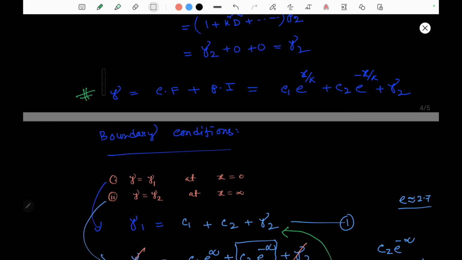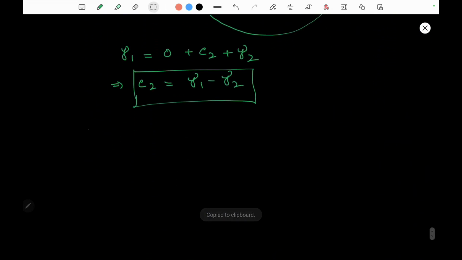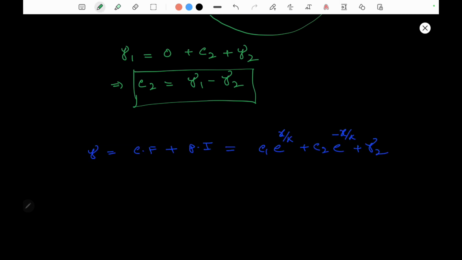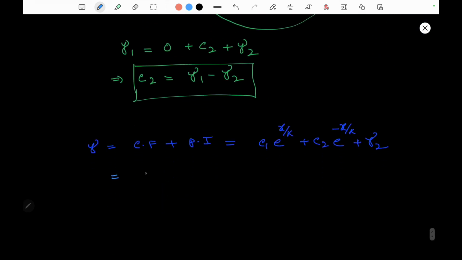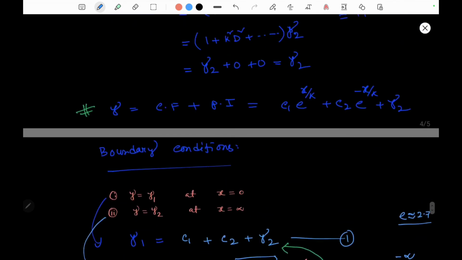No, it will not be the correct one, so let's copy the whole thing here and paste it. Now the solution will be here. c1 we got as 0, so the first term will be 0, and c2 is y1 minus y2, so it is y1 minus y2 into e to the power minus x by k plus here it is y2. Okay, so hope it is correct.